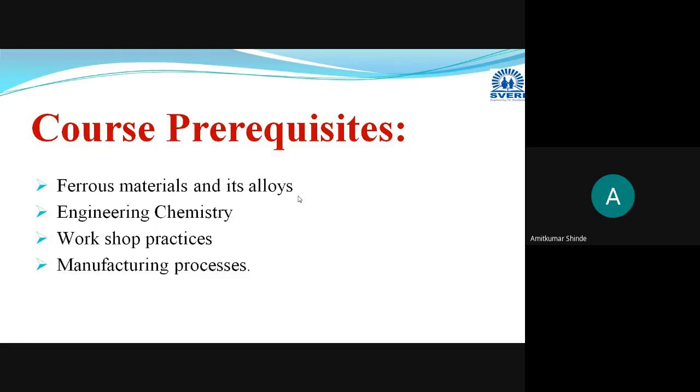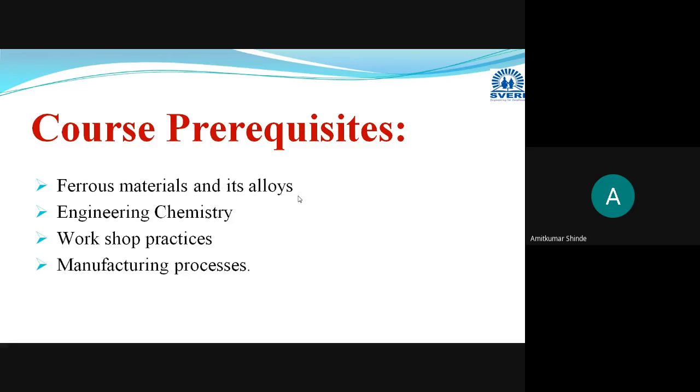Okay, in your syllabus, we are going to deal with heat treatment related to only steels. Only steel-related heat treatments we are going to deal with. That's why you should be aware of ferrous materials and their alloys. And in this, you should be aware of the iron-iron carbide equilibrium diagram. Okay, that is the compulsory part.